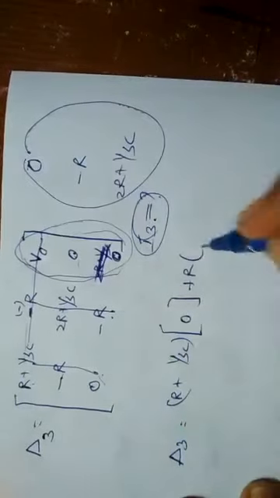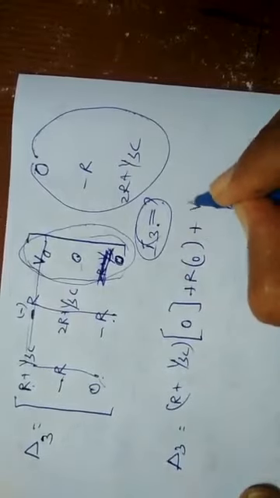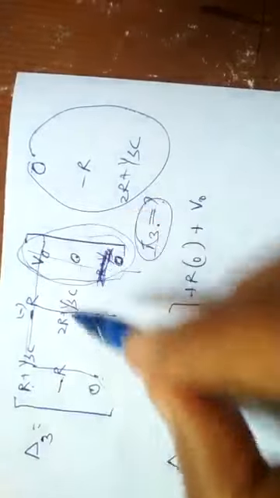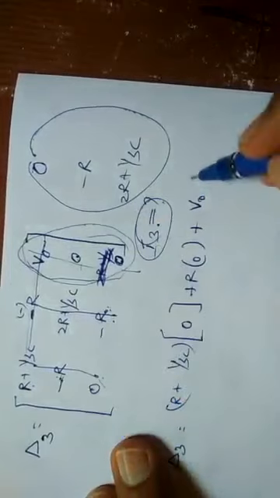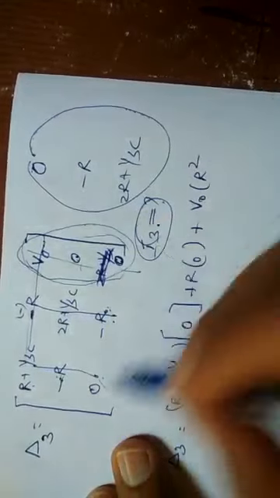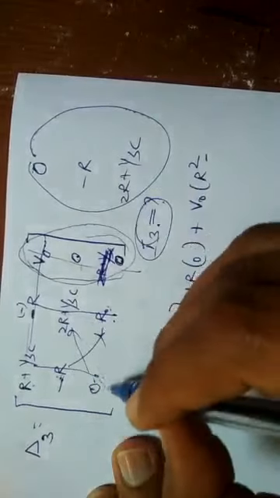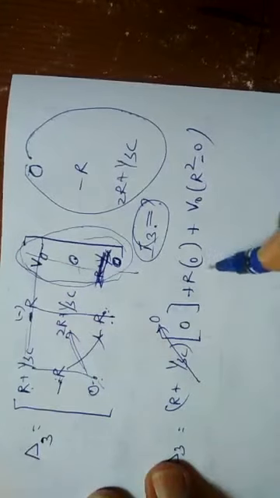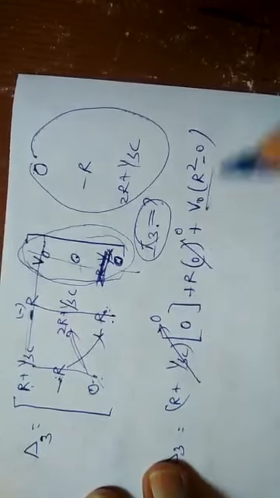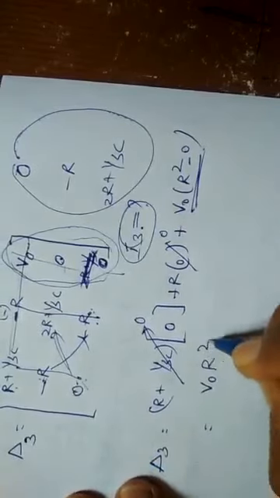Again it will be 0. Plus V out, the third factor, into, leave this column and this row, you have to consider these two matrix positions. Minus R into minus R, it is R squared, minus 0 into this thing, so 0. So the first term is 0, the second term is also 0. From the third term we will be having the value, that is V out into R squared.